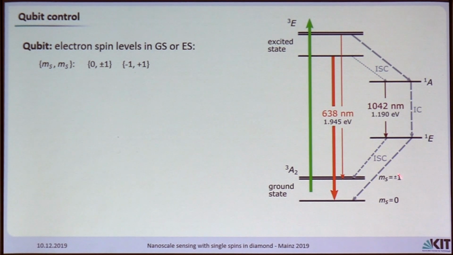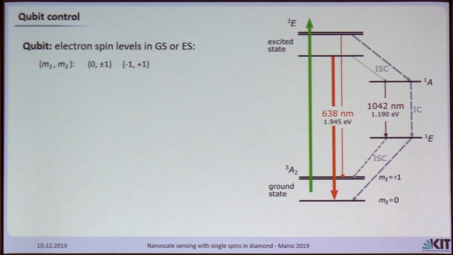So here in this NV center, we have different kinds of qubit configurations available. We have the ms equals 0 state with the ms plus minus 1, for example, in the ground state or excited state. We also have, if we split plus minus 1, those 2 states as a qubit configuration.